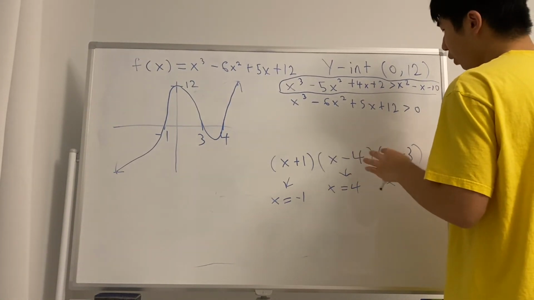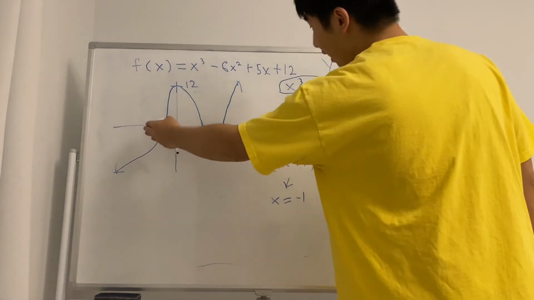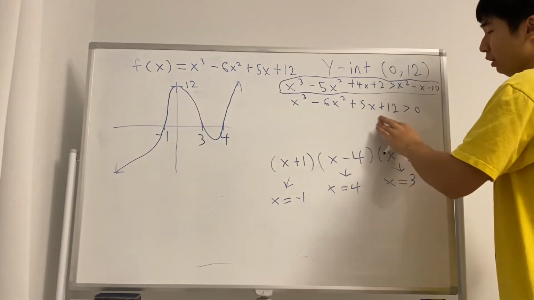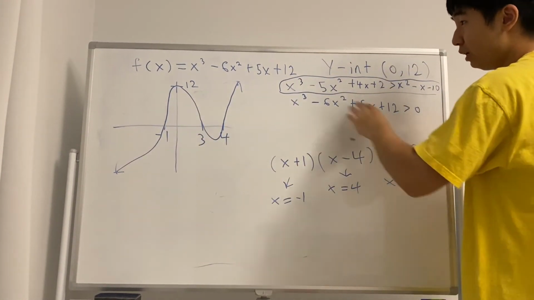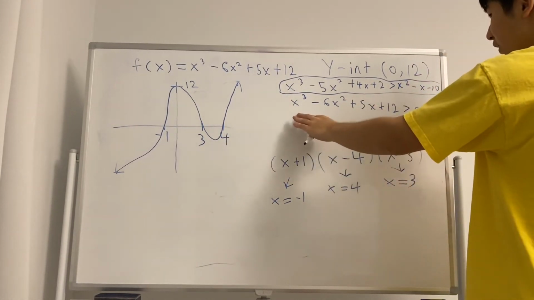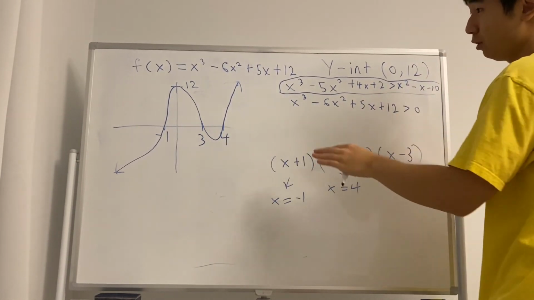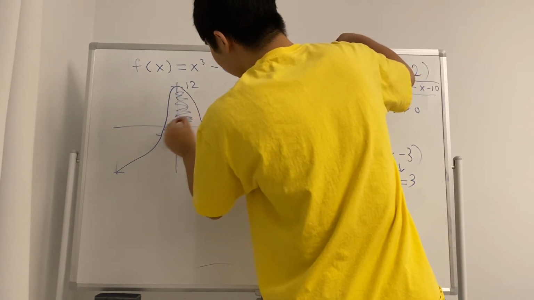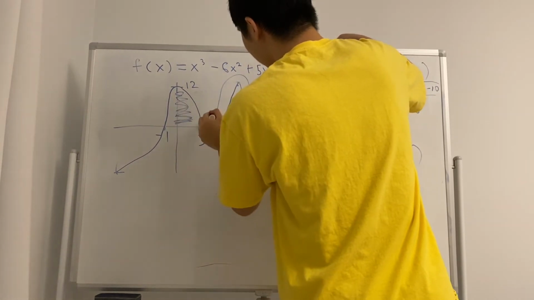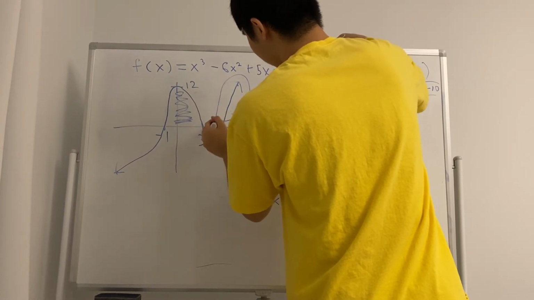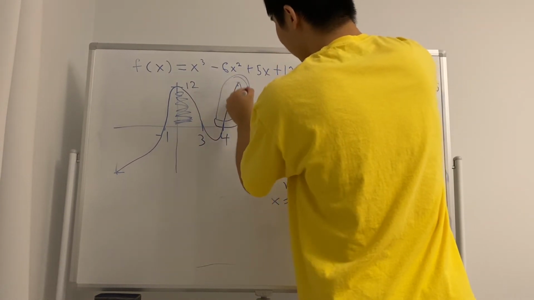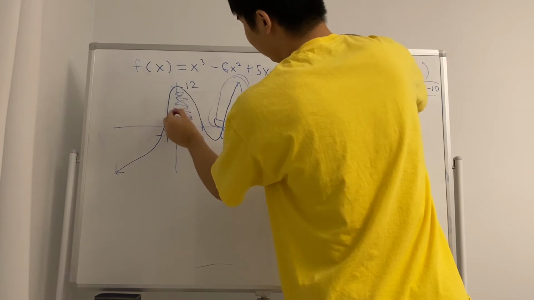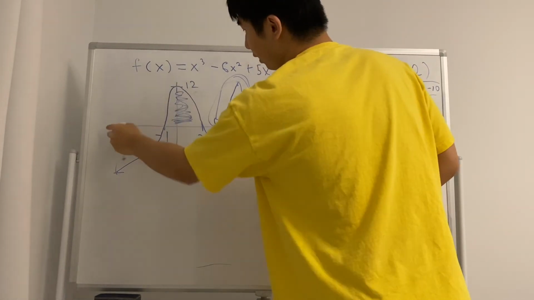Now that we graphed this polynomial, we see that it is greater than 0 in this area and over here. Sorry, this should go further down. This entire arrow here and this area right here. This is when it's greater than 0.